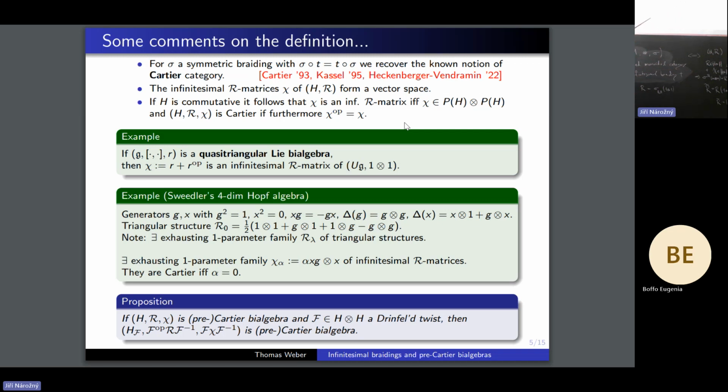For this Hopf algebra, you can find an R that I wrote here with some index 0, for a reason that I'm going to tell you, and simply like this. It's 0 because you can actually classify all possible R's on Sweedler's Hopf algebra, and for this one you will have some extra terms in x here.